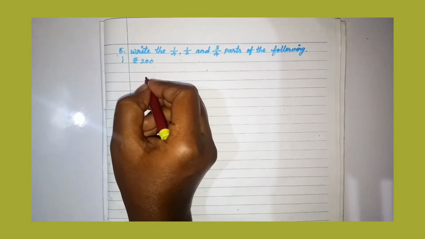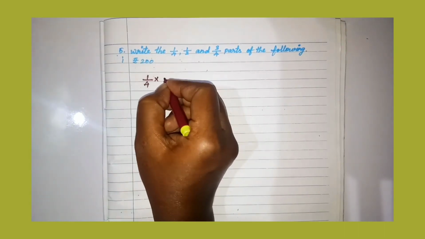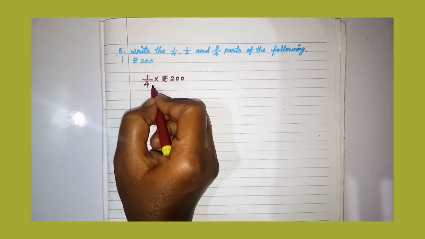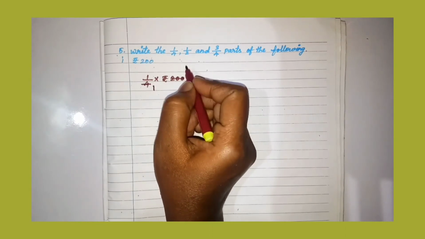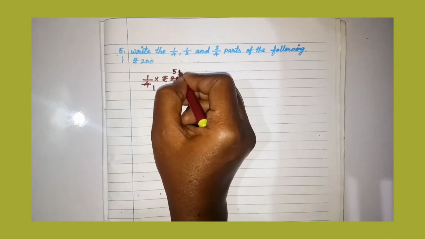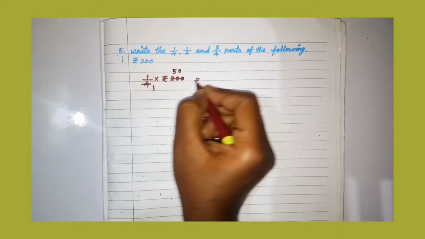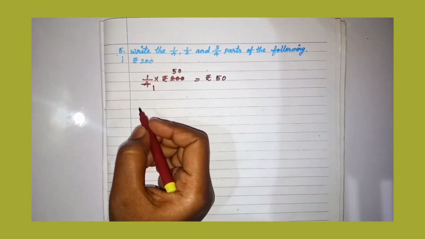So quarter value 1 by 4 into the given rupees value, rupees 200. Now cancel the value. 1 4s are 4, 5 4s are 20. Adding 1 0, last 0 we have to add, means quarter part value rupees 50.